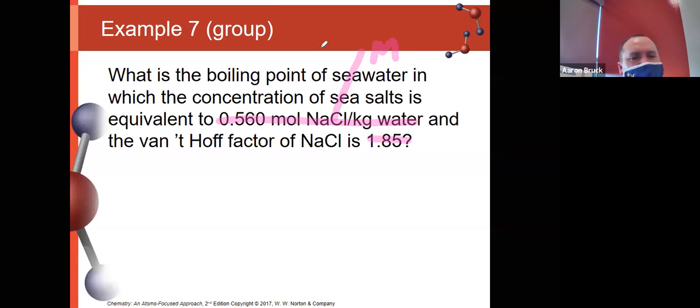Again, we would estimate the van't Hoff factor here to be 2 because 1 sodium ion and 1 chloride ion makes 2 ions in total. Understanding that at higher concentrations, we're not going to get the full power of that complete dissociation.